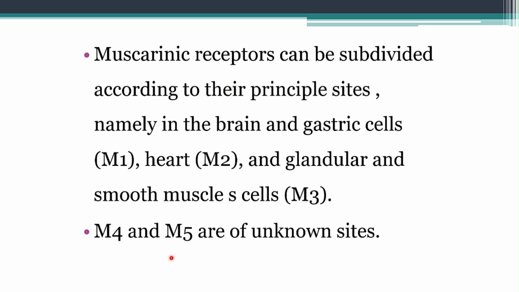M4 and M5 are of unknown sites, but there are some researches about their action, and some of these researches show that they are present in neural tissue or other sites.